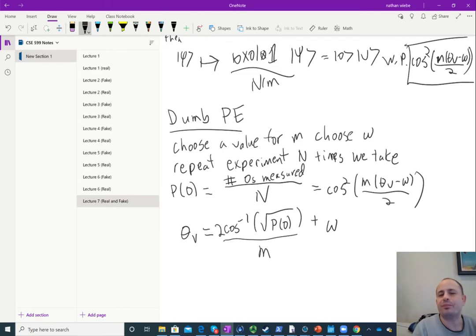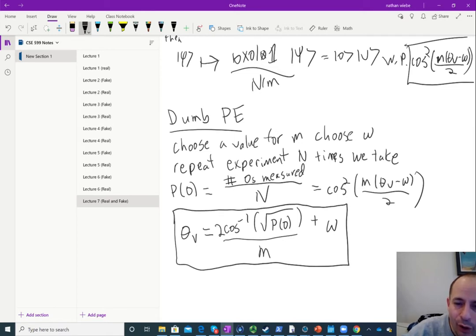Okay. And that is how we can estimate it. We do this experiment over and over and over again.